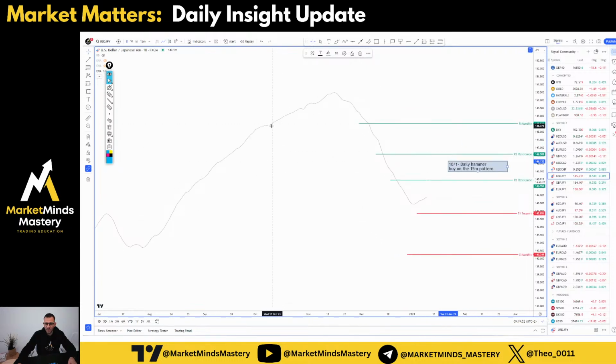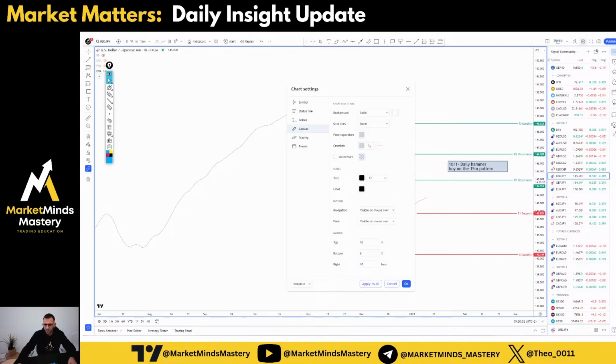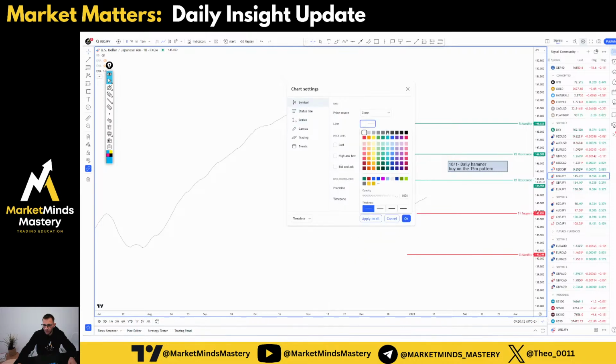But why is this line chart like this? No, it's not the line charts. We are missing the... one second, guys. We are missing this.